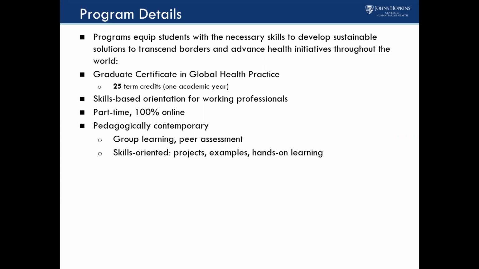So we're very much concerned about people applying what they've learned in their current work setting or their future work setting. And so the certificate as it stands now is 25 term credits. It can be completed in 1 academic year.